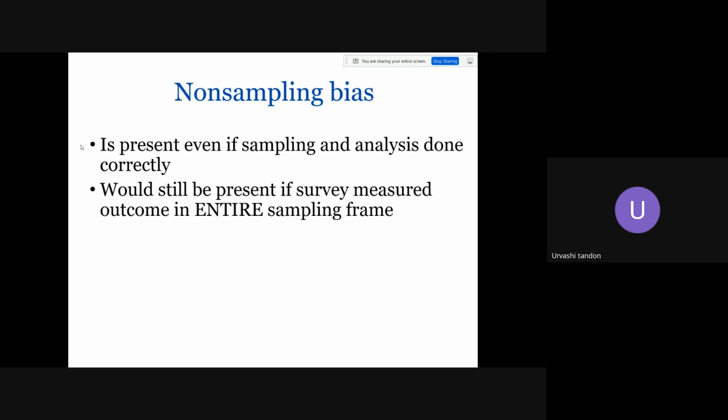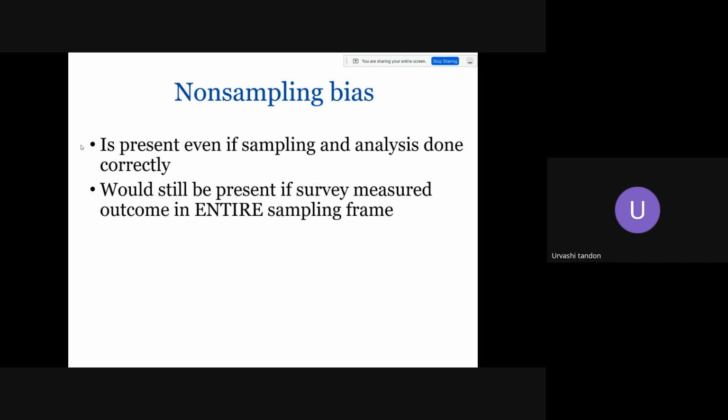Again, non-sampling bias is present even if the sampling and analysis is done correctly. Non-sampling error comes when you have contacted the incorrect people. Let's say you are doing research on online shopping, and you take a sample of persons who have not even purchased once.